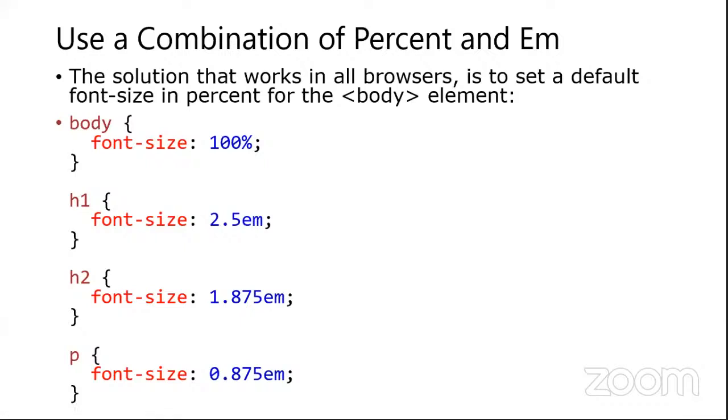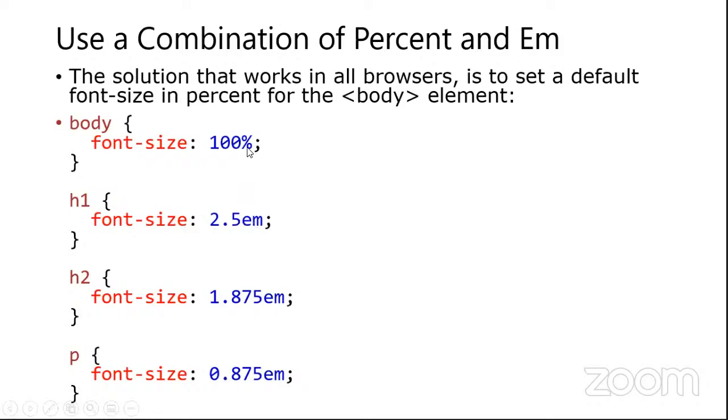Use a combination of percentage and EM. The solution that works in all browsers is to set a default font size in percentage for the body element. This is the example of defining font size in percentage: font size 100%, font size in EM.